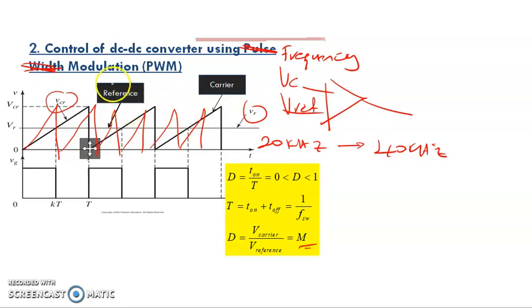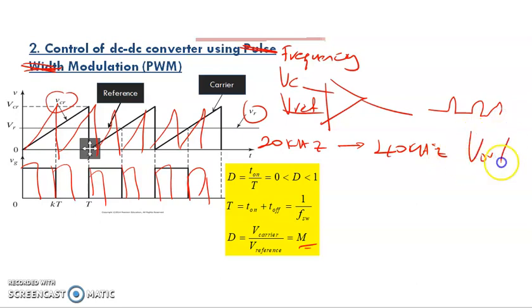When we squeeze, we shall have more pulses inside one frame, so more pulses are generated to the switch, so the output or V out will increase.